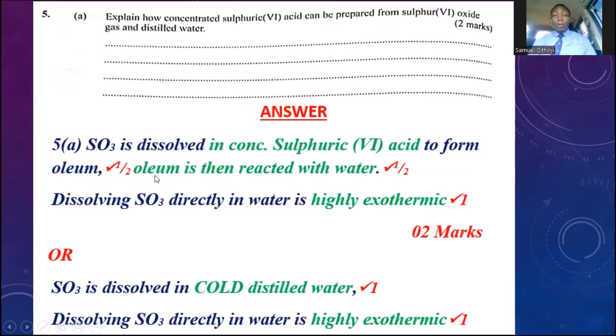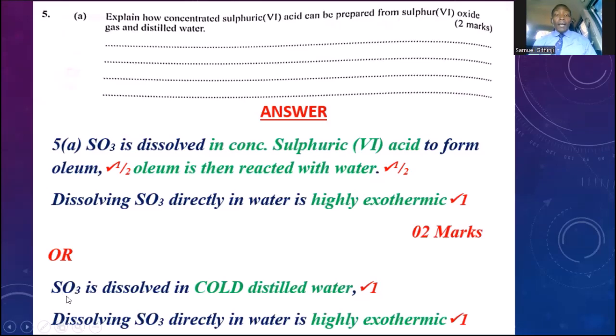You get oleum. Oleum is then diluted, or reacted with water. The trick here is, why can't we go direct, dissolving sulfur 6 oxide in water? The reaction is highly exothermic. Another whole mark there, my student. Maybe the question was not very clear on the direction the student should take, but just answering the way I've written, the student was to score 2 marks.